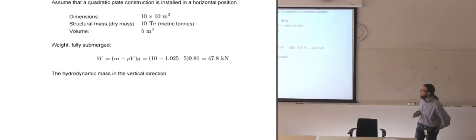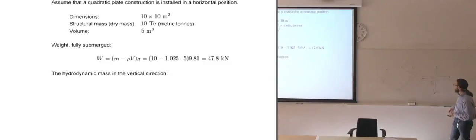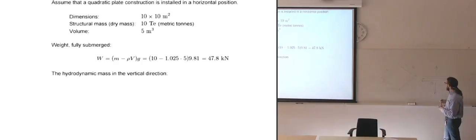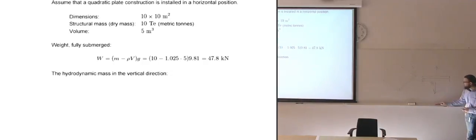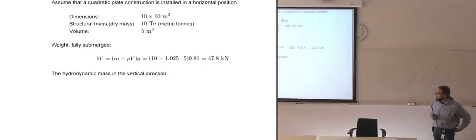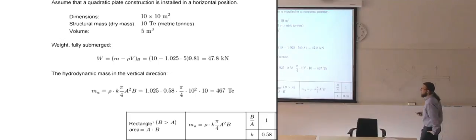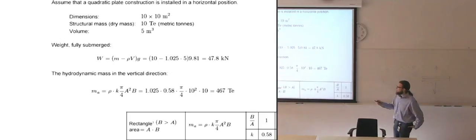So then we're going to look at the hydrodynamic mass in the vertical direction. So when we're moving it up and down, how much mass are we going to get on these cushions above it and below the plate? So then we have this calculation.